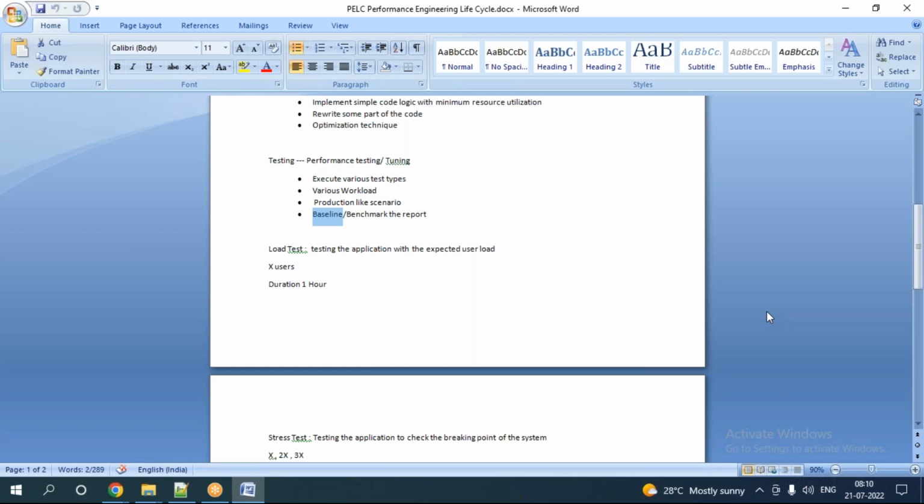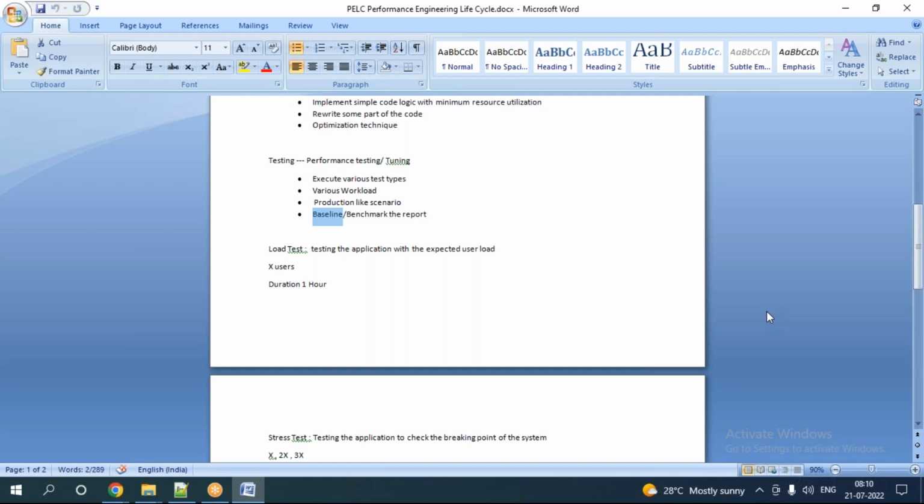And then, benchmarking means what? Baseline, as I told you, is when you compare your number with your own number. Benchmarking means you compare your number with the industry's best player, I mean your competitor.